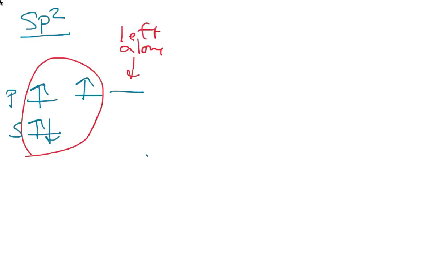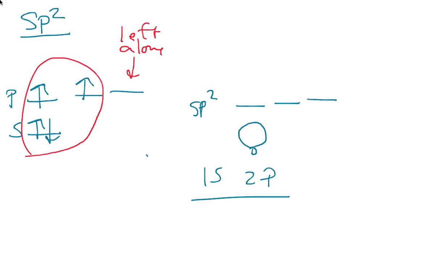So our new electron configuration is going to look like 3 sp2 orbitals, because it's made up of 1 s and 2 p's. And then there's 1 p left over. That's the electron configuration that describes bonding when you have to make a multiple bond.